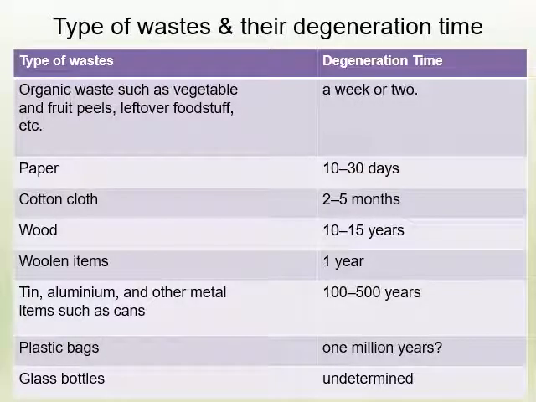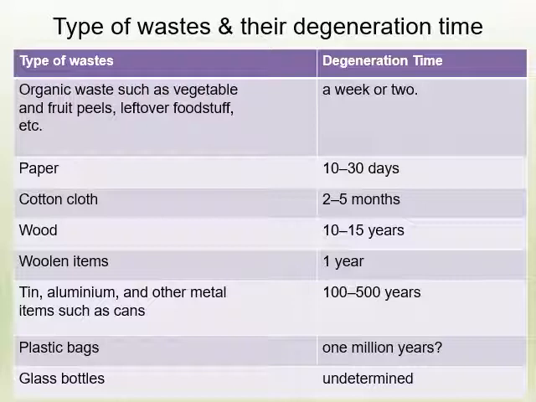Now here is a chart, a table, which is showing different types of waste and their degeneration time. Degeneration means breakup time, or dissolution time, or biodegradation time if it is biodegradable in nature.